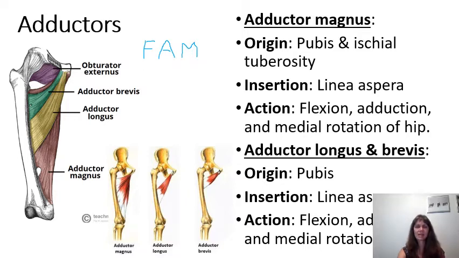Just like my EAM muscles for latissimus dorsi and teres major were extension, adduction, and medial rotation, my FAM muscles are flexion, adduction, and medial rotation. So the A is always adduction, ADD, adding towards the midline.